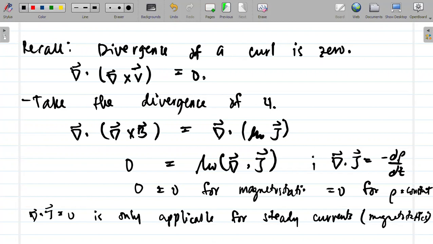Equation 4 is okay in magnetostatics. But for changing currents, this right-hand side is not necessarily 0. So, for changing currents, this is not necessarily 0.